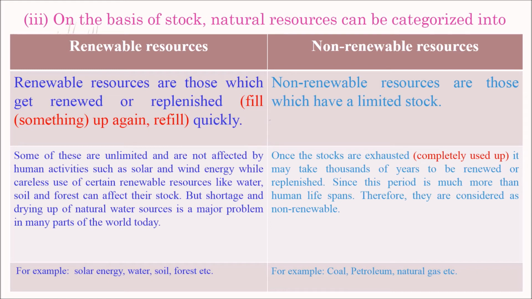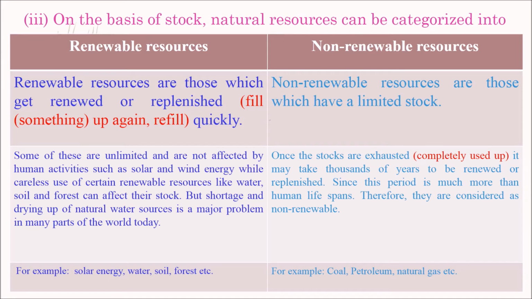The third one is on the basis of stock. Natural resources can be categorized into two. The first one is renewable resources and the other one is non-renewable resources. Renewable resources are those which get renewed or replenished, which means fill something up again or refill quickly, whereas non-renewable resources are those which have a limited stock.